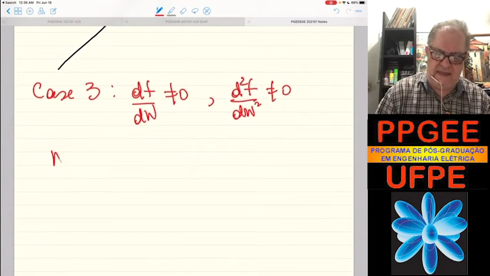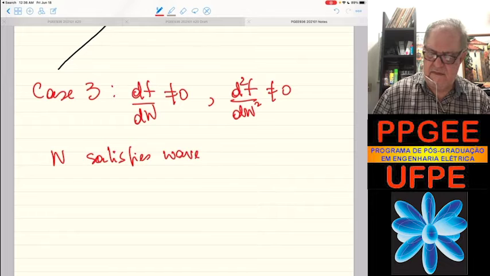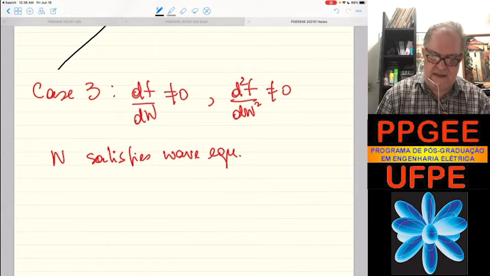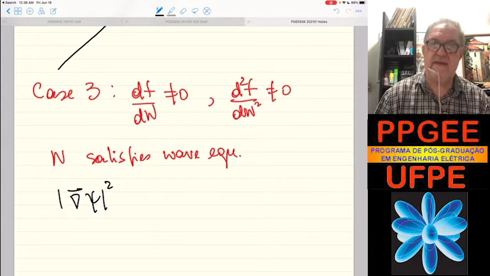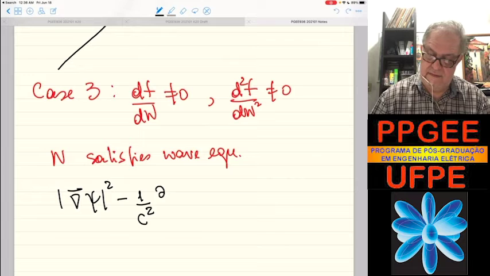So one thing is W satisfies the wave equation. And the other condition is that the gradient square, right, minus 1 over c square, I'm sorry, yes, the W, right?